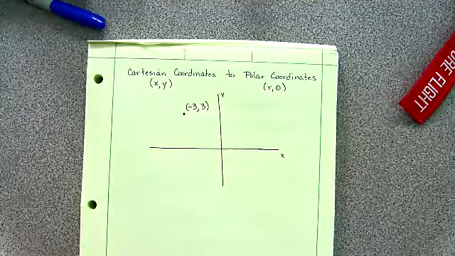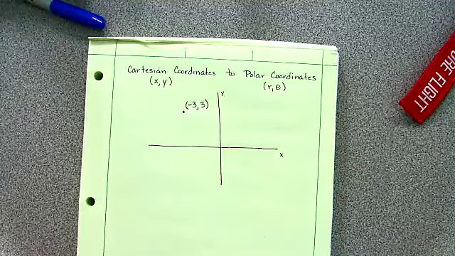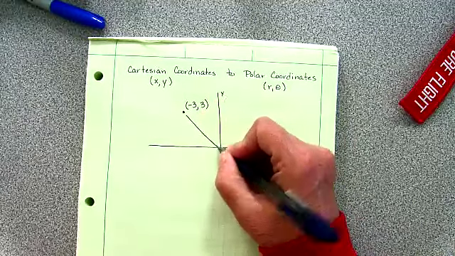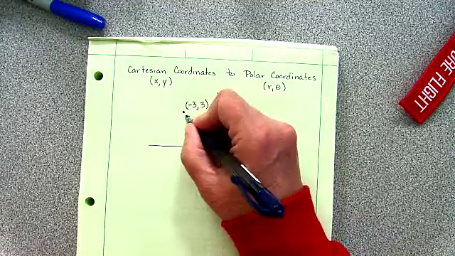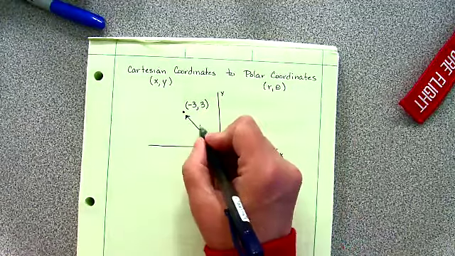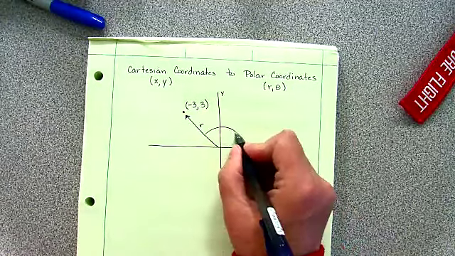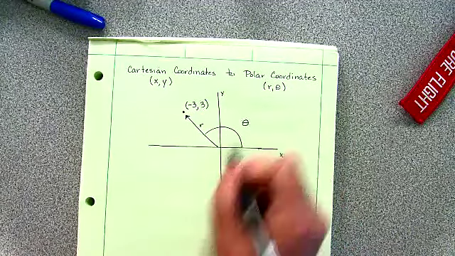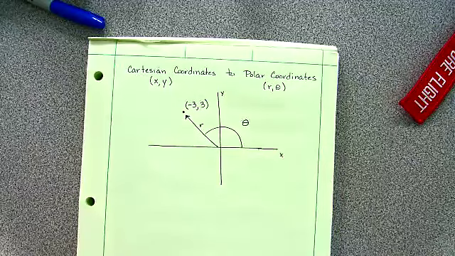We're just going to use an arbitrary point. And if I do that, my polar coordinates are going to look like this. This is going to be R, but this is the theta. And the question is, how do I get there?